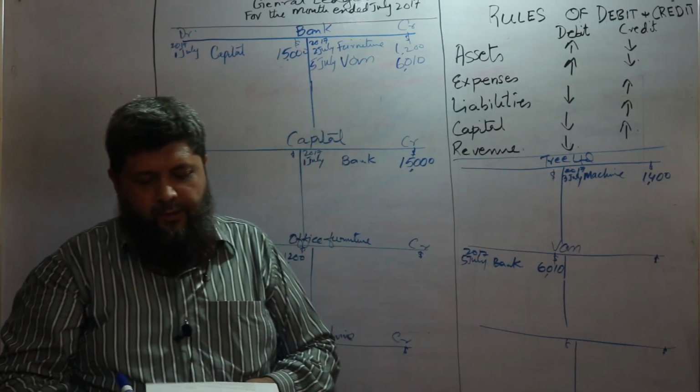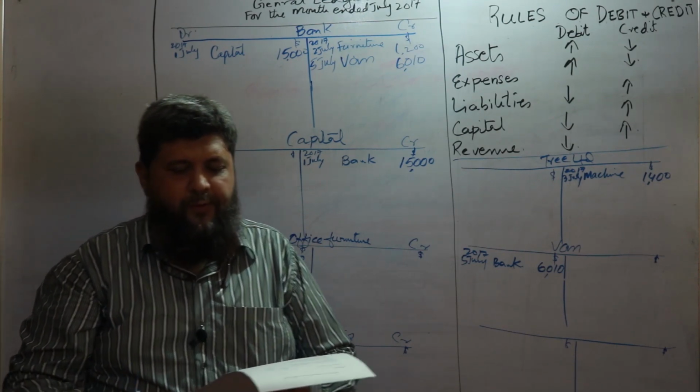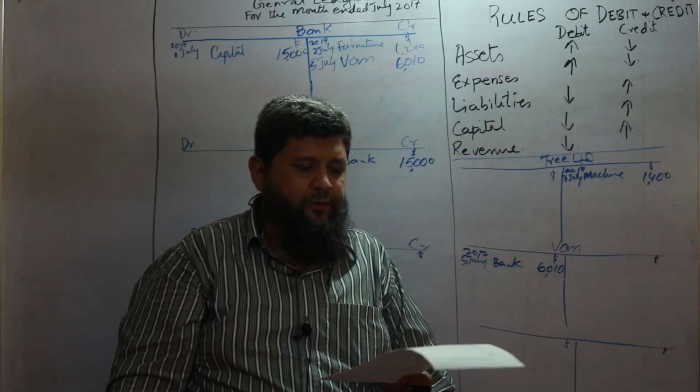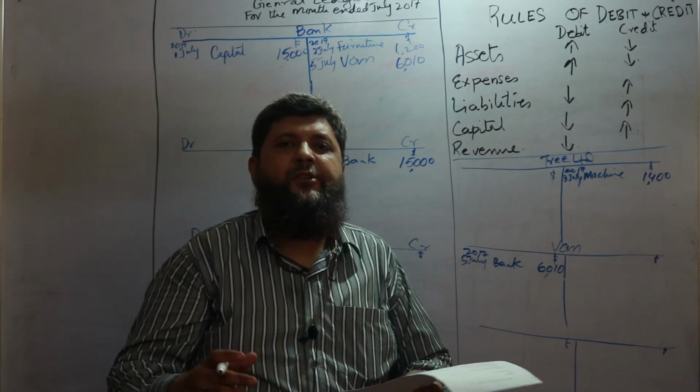Right? Now, sold some of the furniture not suitable for the business for $150 on credit to D. Twings and Sons. We have sold office furniture.